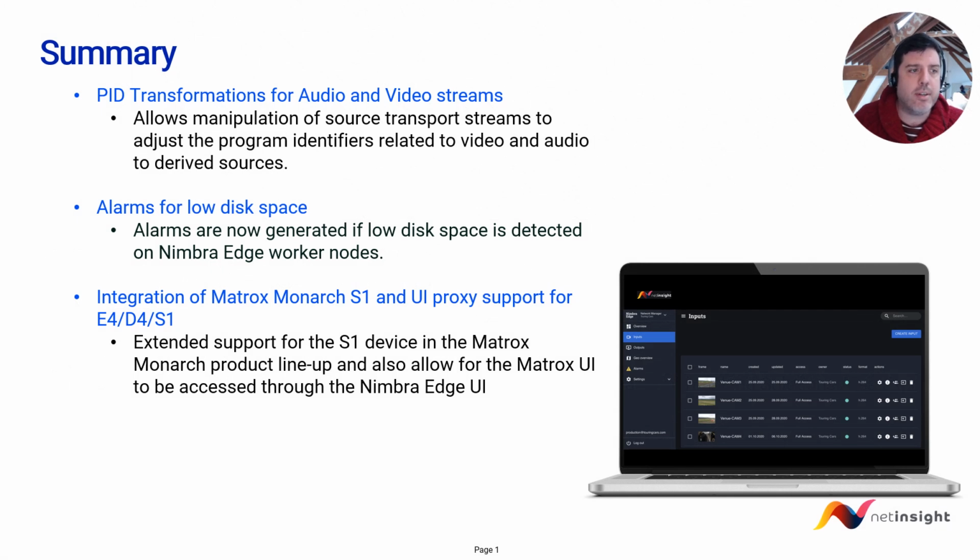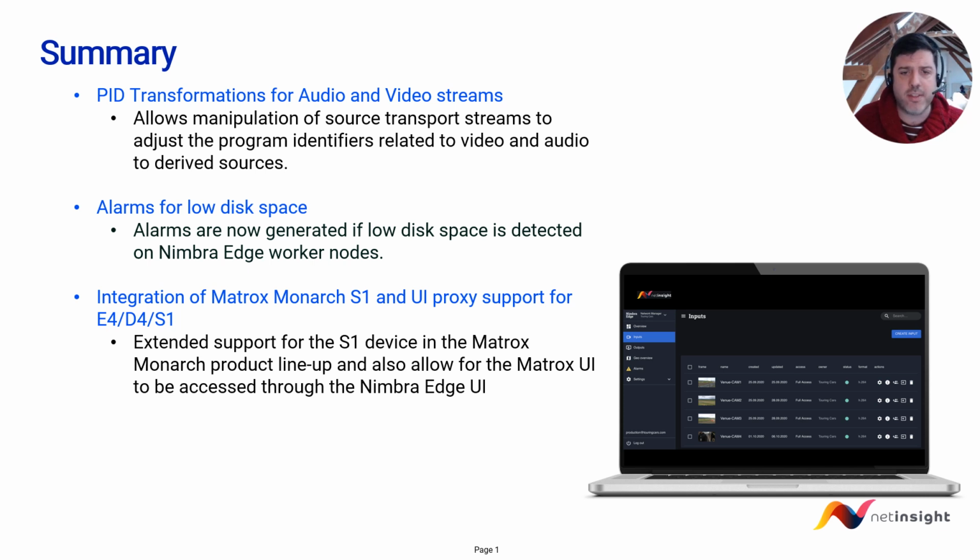In this release, there are really three main areas of new functionality. The first one is to add PID transformation control for audio and video streams. This allows us to manipulate our source transport streams to adjust those identifiers that are related to video and audio when we're deriving new sources.